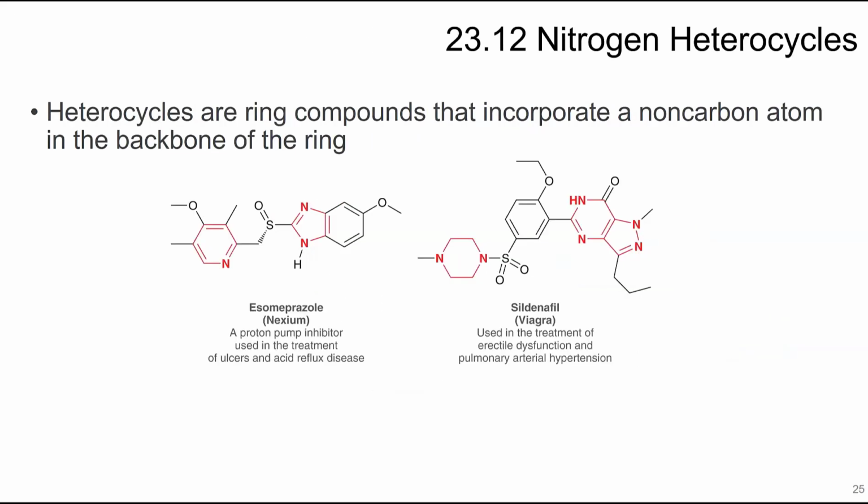Heterocycles are ring compounds that incorporate a non-carbon atom into the backbone of the ring. So we can see this is a heterocycle here. Here's a heterocycle. This is the structure for Nexium, which is a proton pump inhibitor for ulcers and acid reflux. And this is the structure of Viagra with the several heterocycles here. And I'm sure most of you know what Viagra is used for.